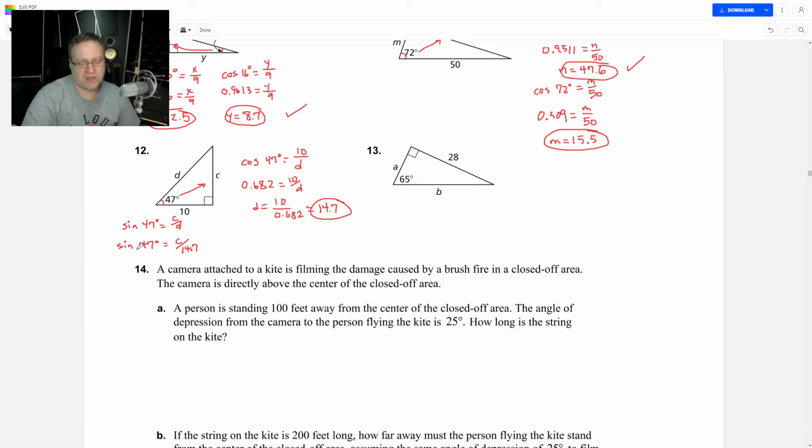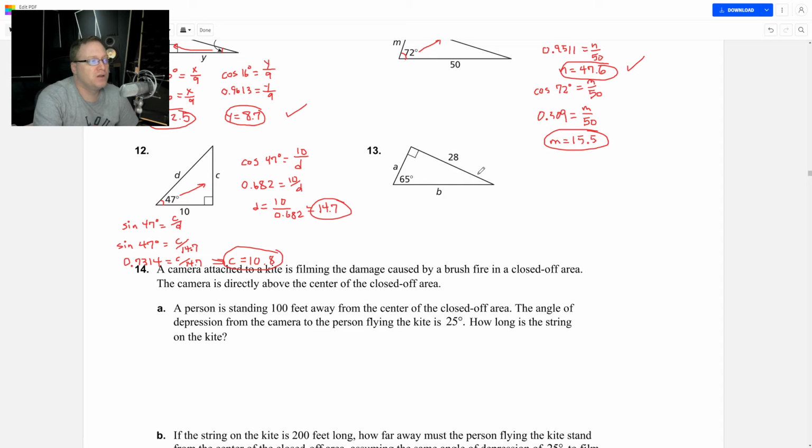Now we can use our calculator to find the sine of 47 degrees, and we get 0.7314 equals c over 14.7, which means that c is going to equal 14.7 times 0.7314, which is 10.75, which is 10.8. And so that is going to be our answer.